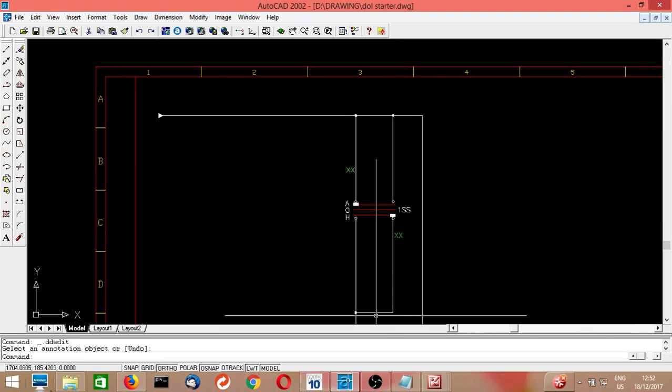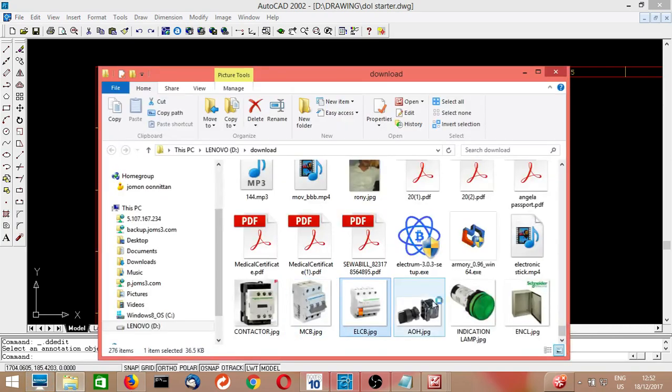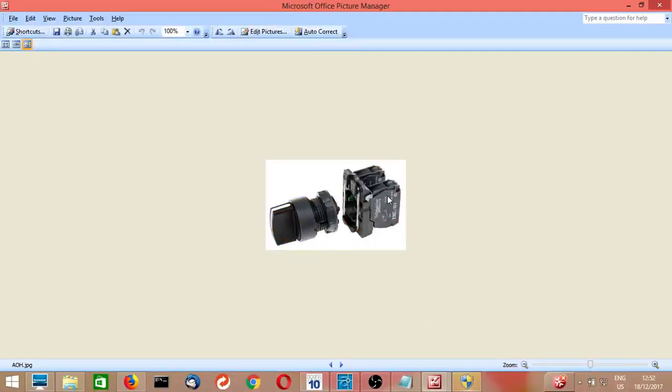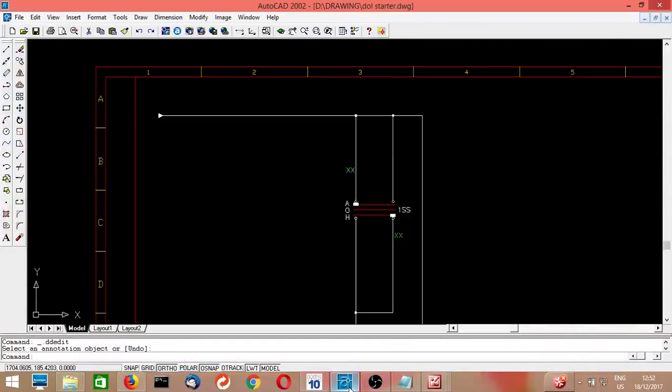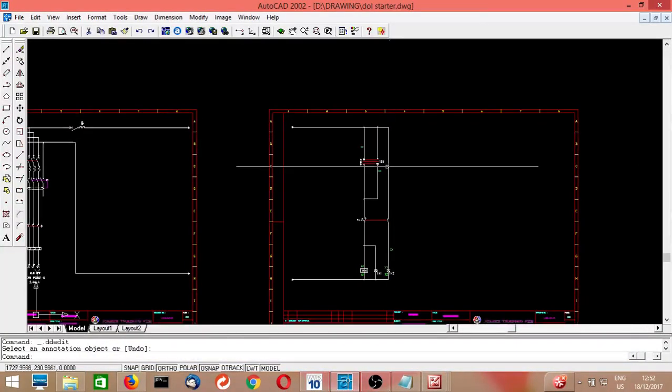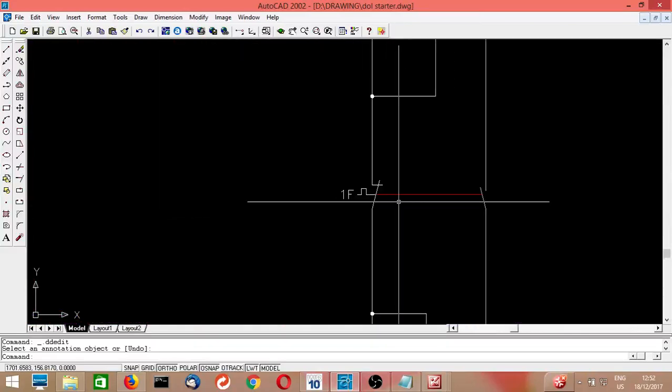I have a picture of the selector switch. This is the selector switch, with two sides here and one side here, so an auto-off-hand switch. And this is the overload. Our overload has one more auxiliary contact.